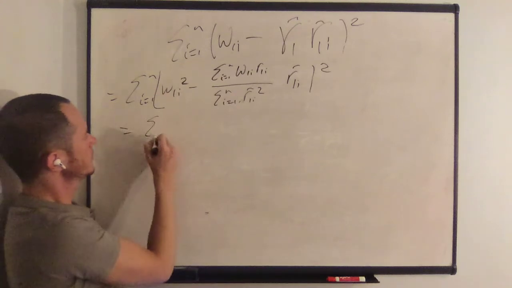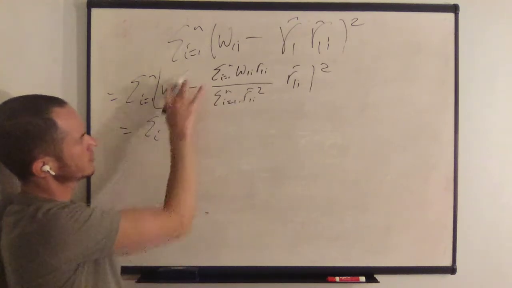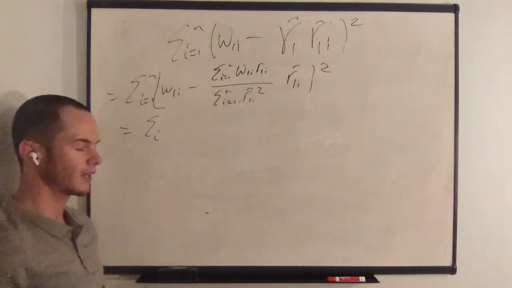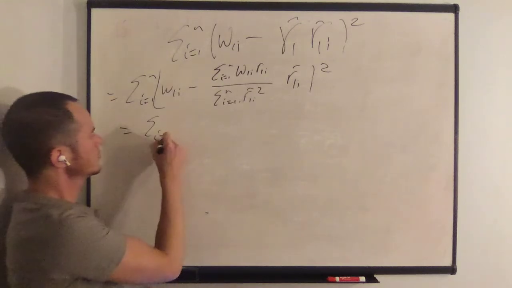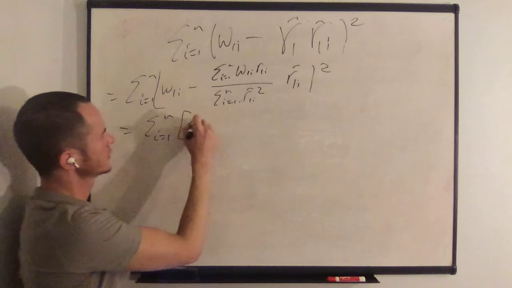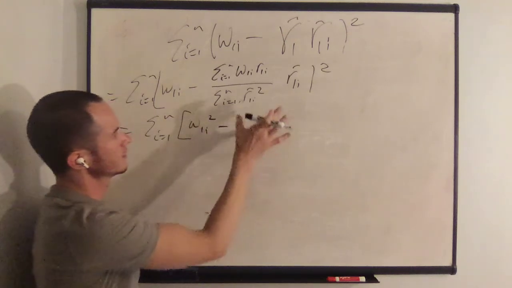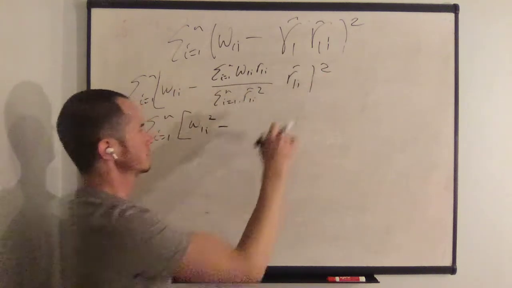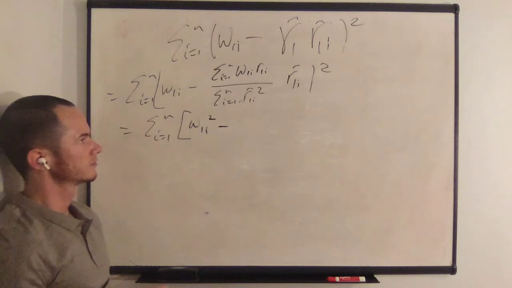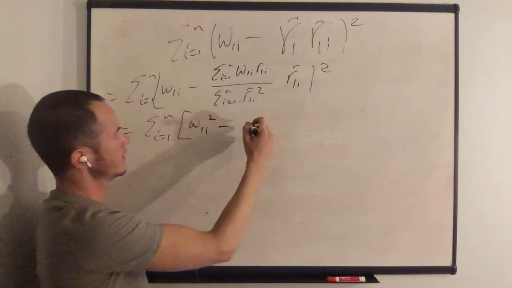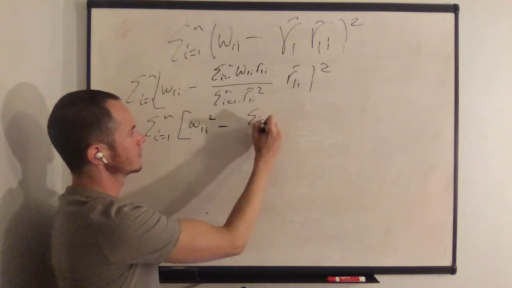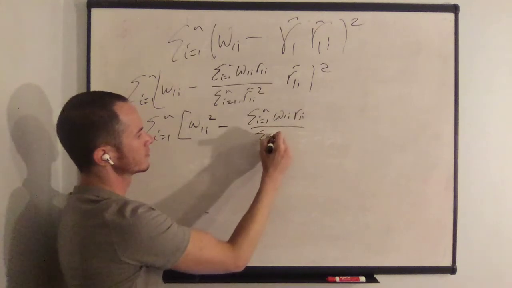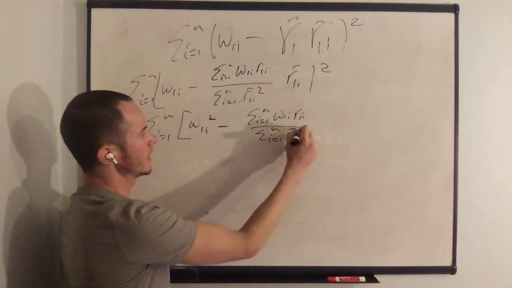This is equal to the sum from i equals 1 to n, and now let's have the squared, of w1i squared minus, we're going to multiply this times this. Basically, we're factoring out this term so that you have the sum from i equals 1 to n of w1i r1i hat over the sum from i equals 1 to n of r1i hat squared.